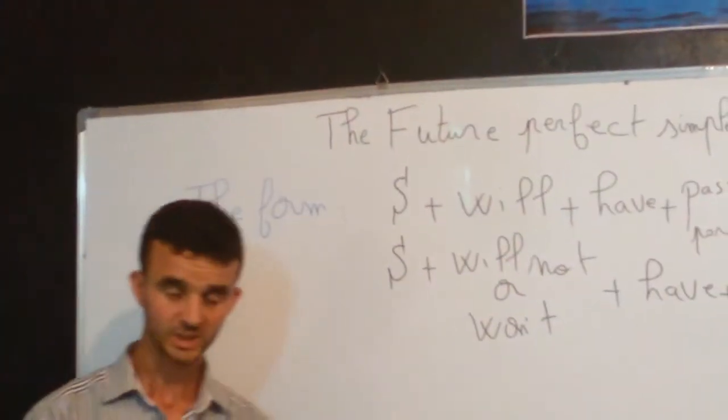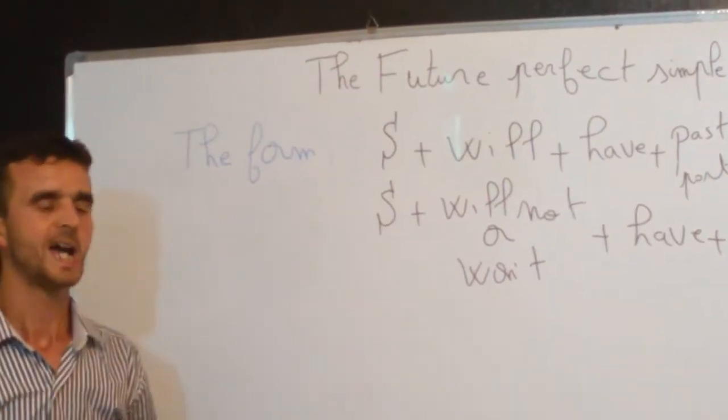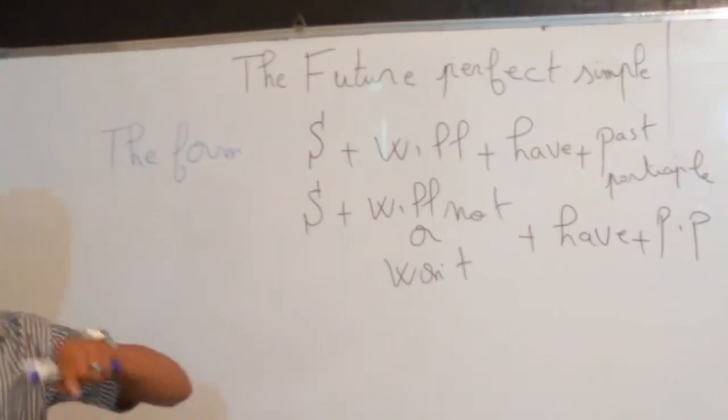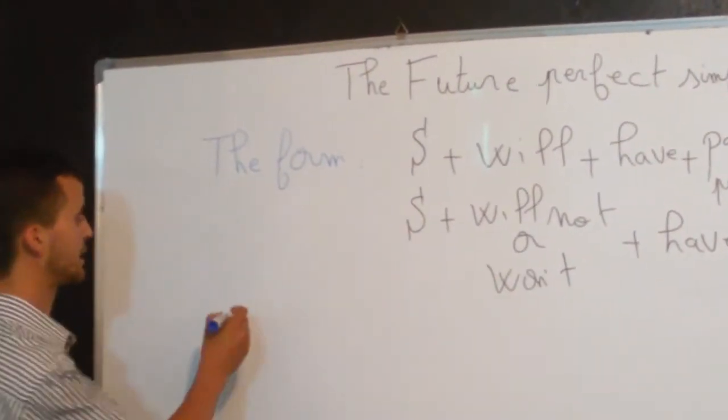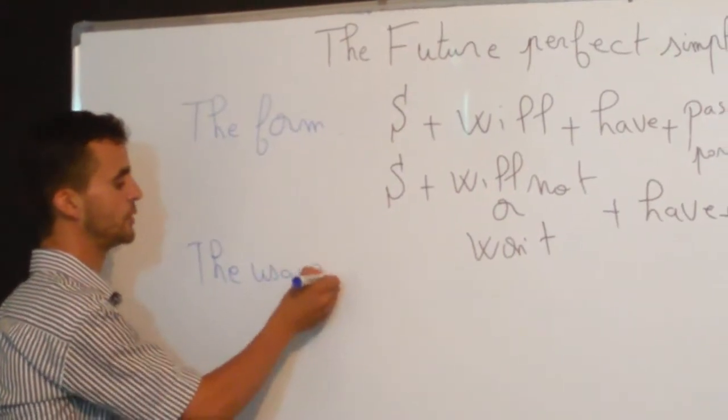So, as we know, the future perfect simple is used to talk about actions or events which will be completed by a particular time in the future. Let's write here the usage of the future perfect simple.